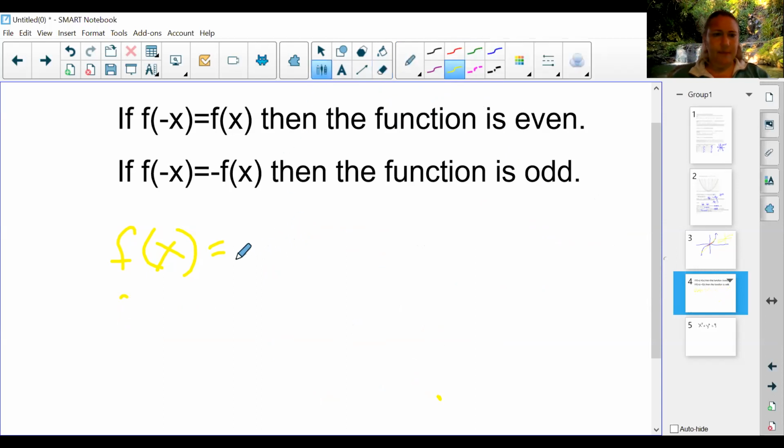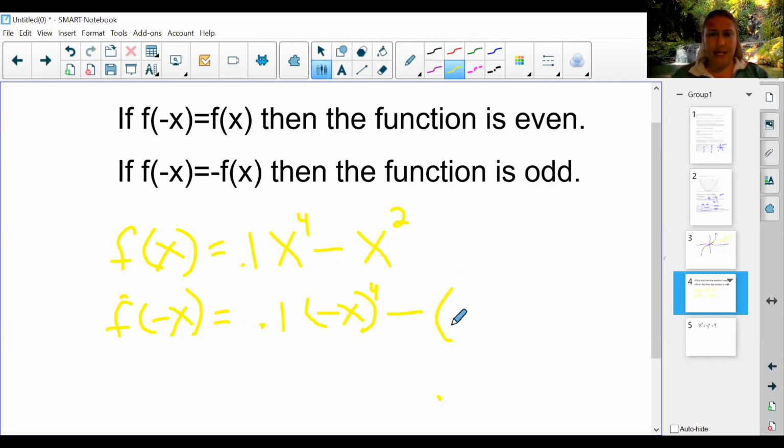Okay, so the next example was 0.1 x to the fourth minus x squared. I can already tell that if I plug in f of negative x, I'm raising a negative to an even power, and anything negative raised to an even power is going to be positive. So when I raise that to the fourth, it gives me positive x to the fourth.